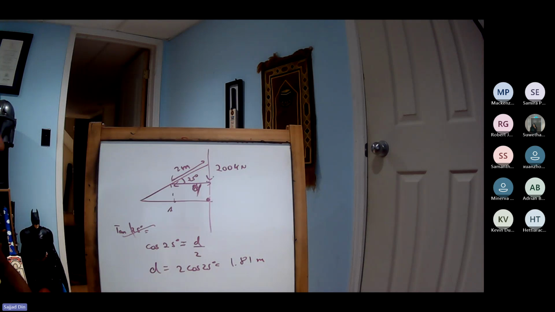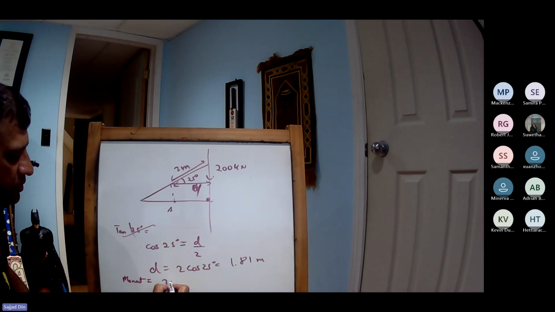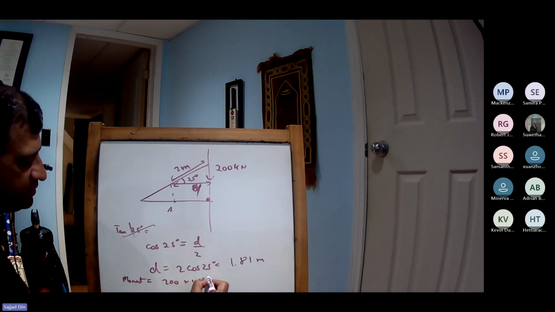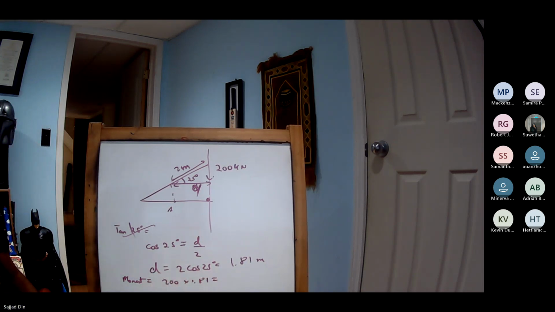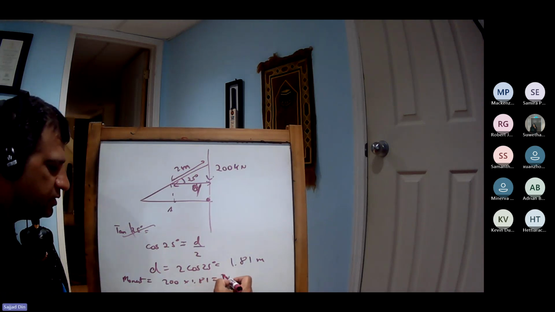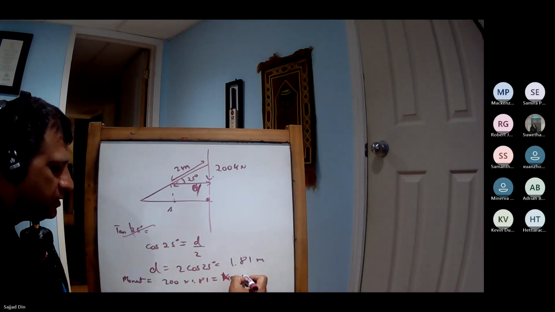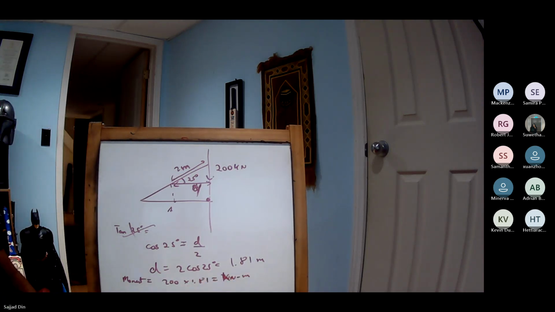So the moment due to this 200 is going to be 200 times 1.81 kilonewton meters. And then you do that for all of them.